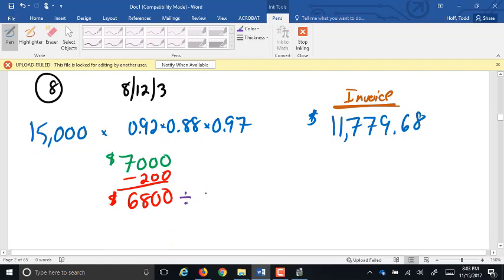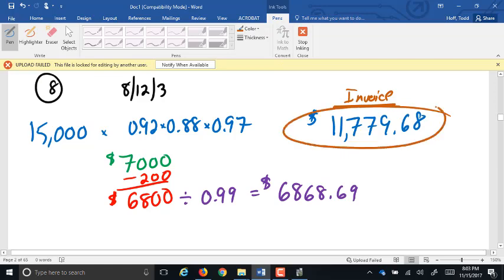So it's 1%. So we divide by 99%, or 0.99. Which is $6,868.69. So we take this number minus that number.